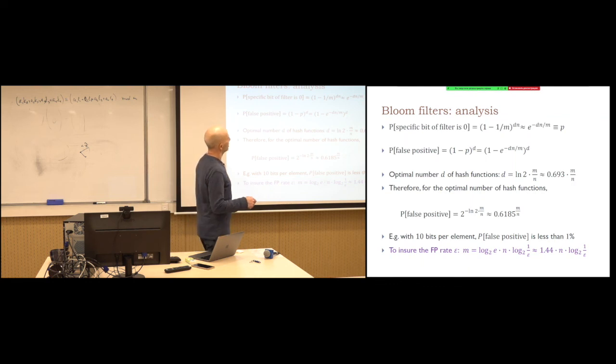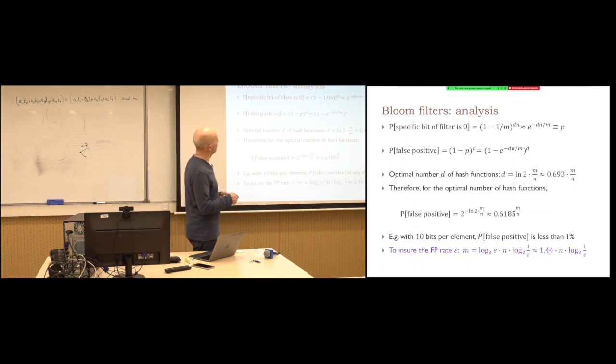Okay. So let's denote this probability by p, and then the probability of a false positive is that all the d bits... So false positive means that we are trying to query a key which is not in this set, and by sort of misfortune we have all the bits once.